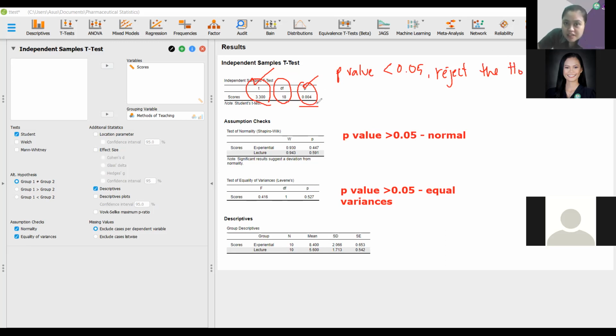Since this is 0.004, which is indeed lesser than 0.05, then yes, we are still rejecting the null hypothesis. So it's parallel from the manual to the Excel to the JASP. We still reject the null hypothesis, and there really is a difference between the experiential and lecture methods of teaching.